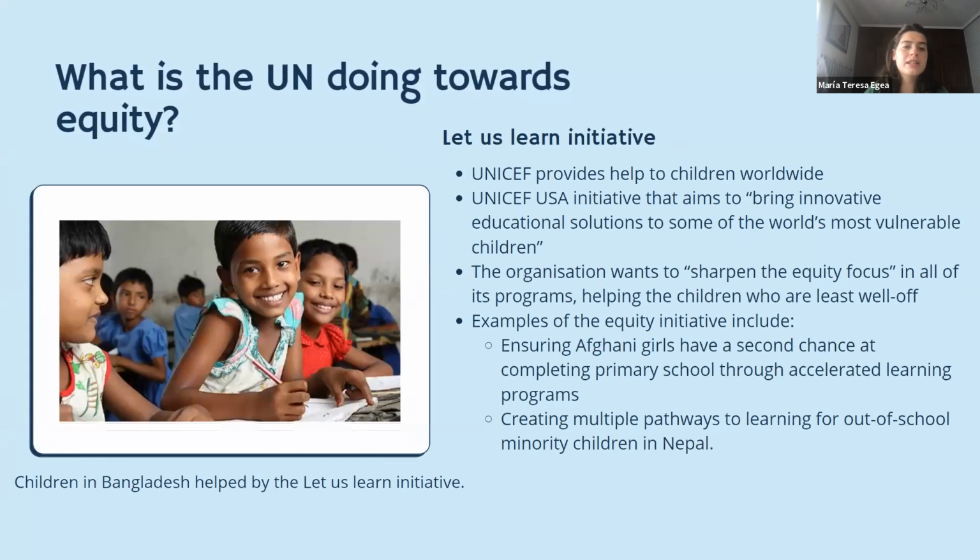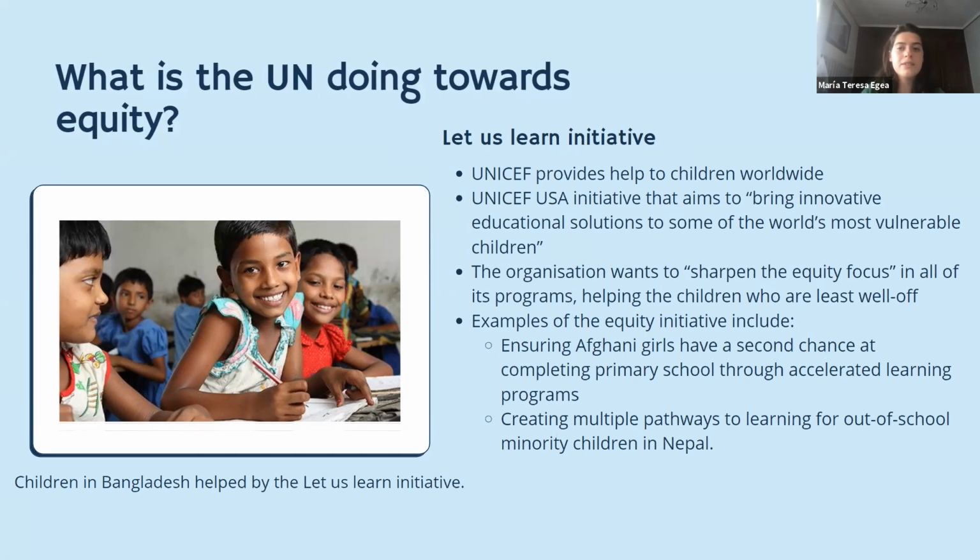Now we're going to be looking at some more specific initiatives that the UN has to work towards equality. One of the UN's bodies which is working to achieve equality is UNICEF. UNICEF stands for the United Nations International Children's Emergency Fund, which provides help to children worldwide.